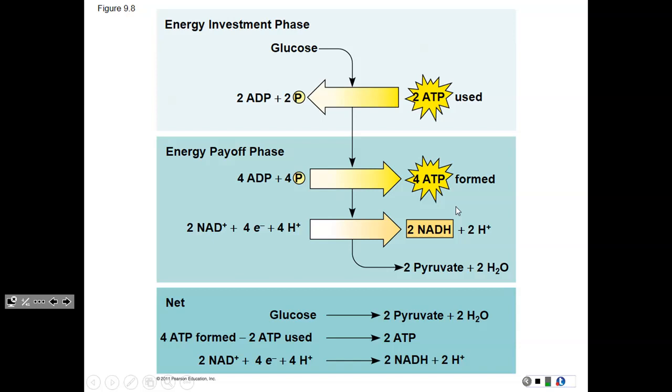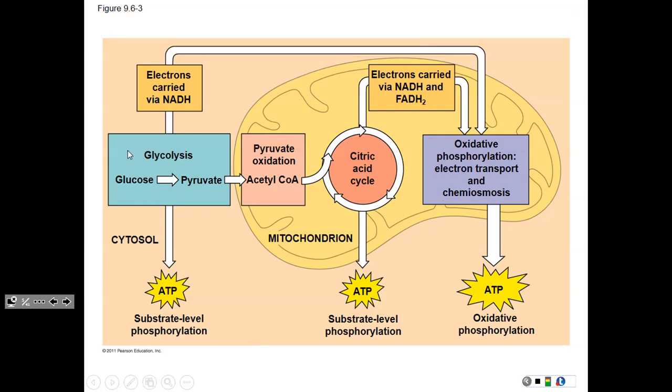Oxidative phosphorylation is what happens during the electron transport chain. That's where the NADHs really start to shine. We're getting to that. All right? So, but these ATPs get made by substrate level phosphorylation. And again, this is what's going on in the cytoplasm.